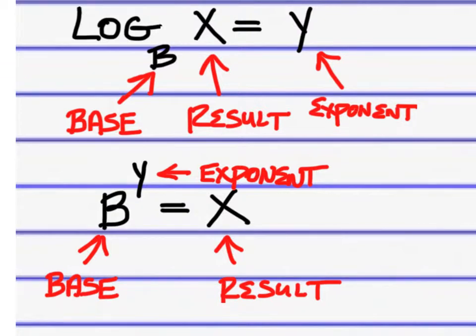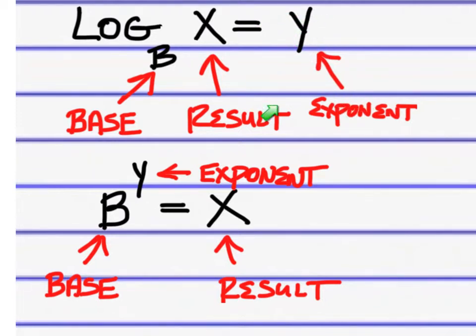Basic things you have to know is that the setup for a log is just a different setup for an exponential expression. At the top you have the log. Log base b, this is the base, of some number that is the result of something taken to a power. And it equals that exponent.